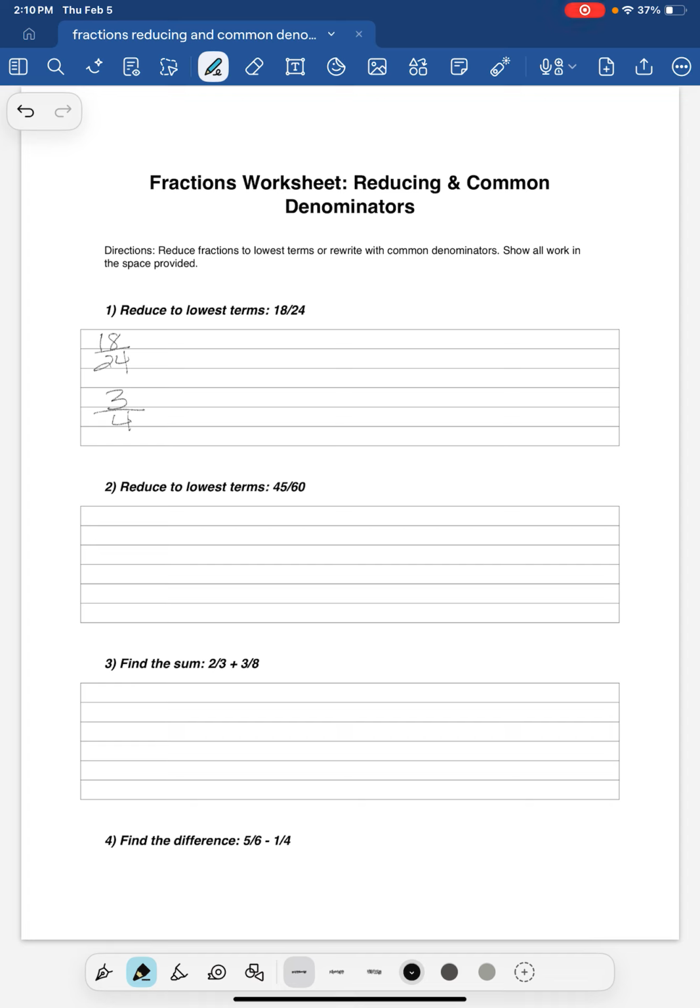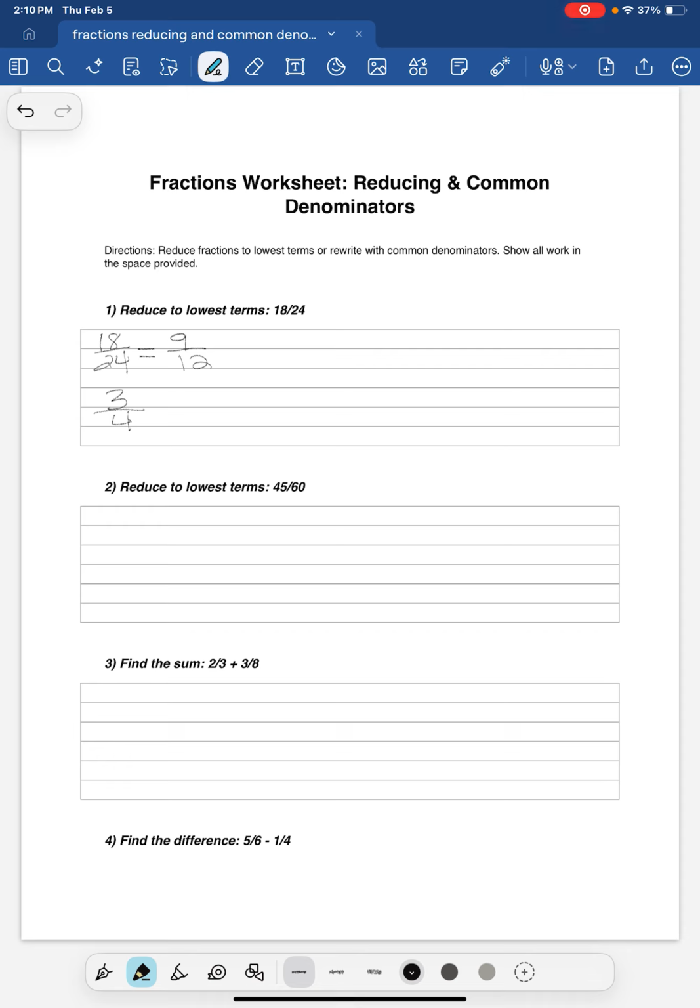But if you can't immediately go there, that is okay. Again, we see they're both even numbers, so we know we can divide them both by 2. If we divide 18 by 2, we get 9. If we divide 24 by 2, we get 12. So now we're working with smaller numbers. Again, we can look at 2, but we see 9 is not an even number, so it's not going to be divisible by 2 evenly without a remainder.